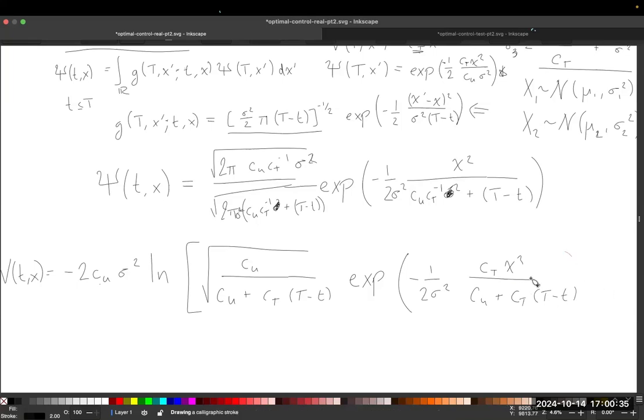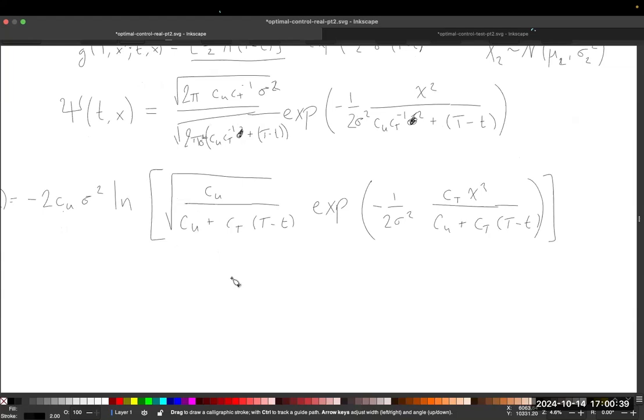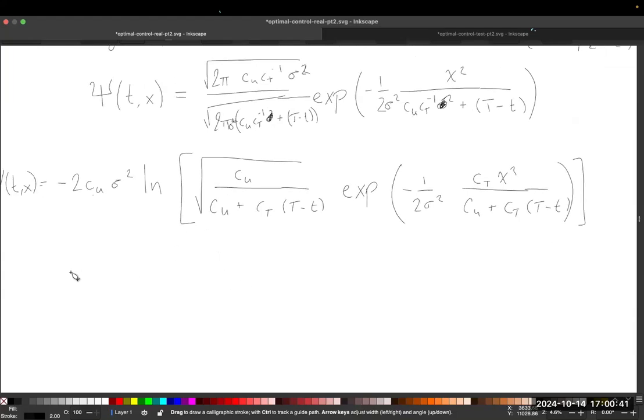Now we can use properties of the logarithm to turn this product into a sum of logarithms. So let's start by writing this expression over here. This product is going to turn into a sum. We're going to have a logarithm followed by an exponential. Because the logarithm is the inverse function of the exponential, those things are going to cancel each other out.